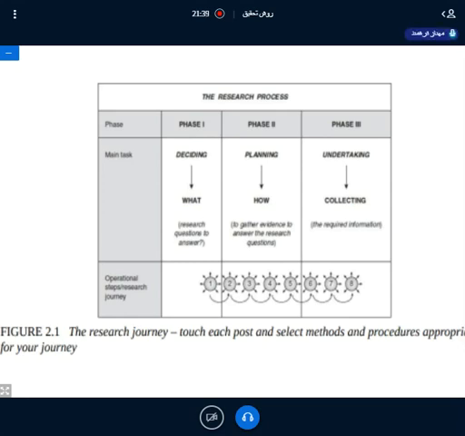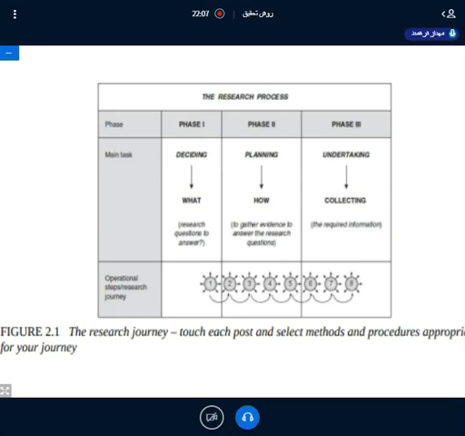And then you can see in this power the research process on this page of your book. You can see the research process, okay?